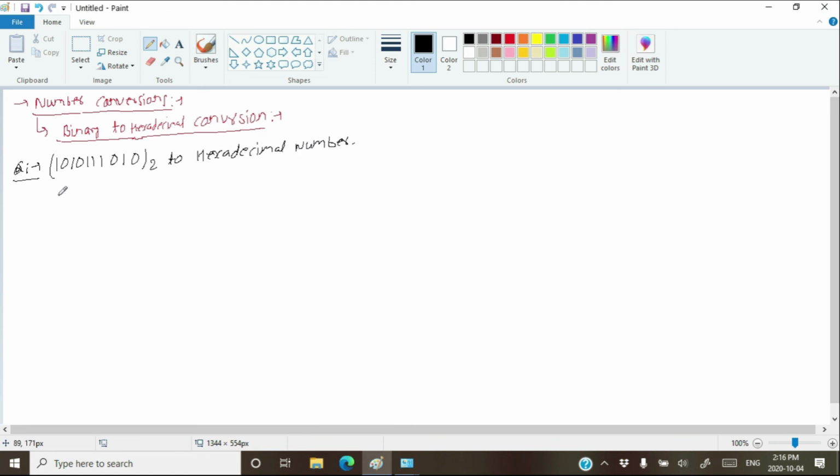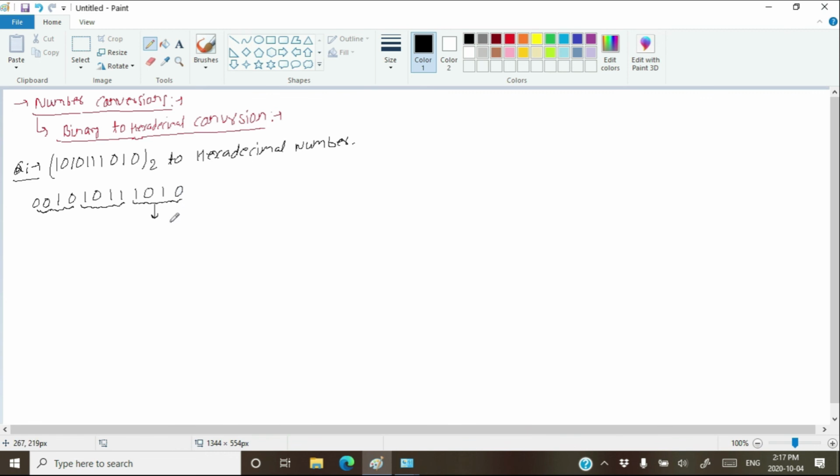So what you have to do here is just write the binary bits 1010111010 and group the 4 bits together from right to left. And if the last group does not have the 4 bits, then add extra zeros to make the group size of 4 bits. Now convert these binaries to hexadecimal.